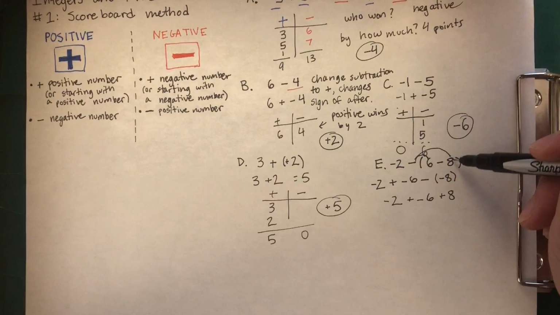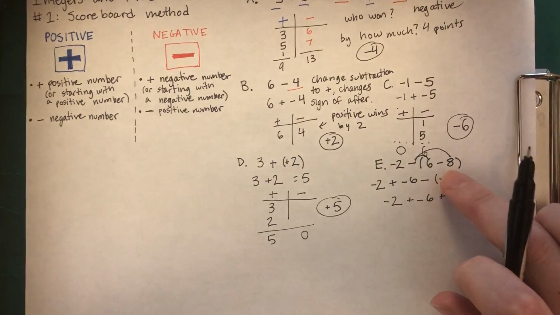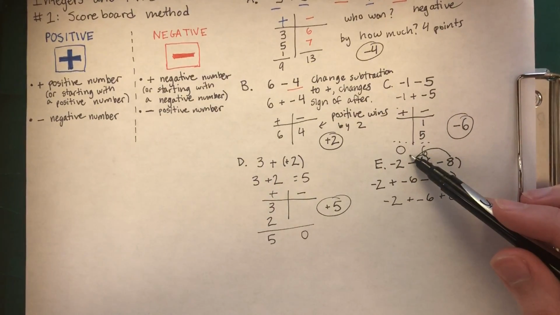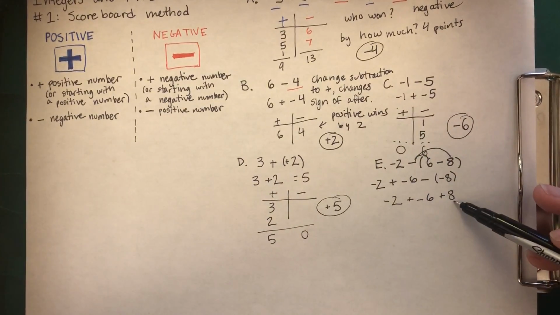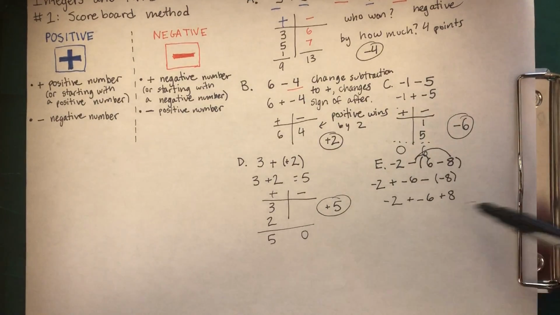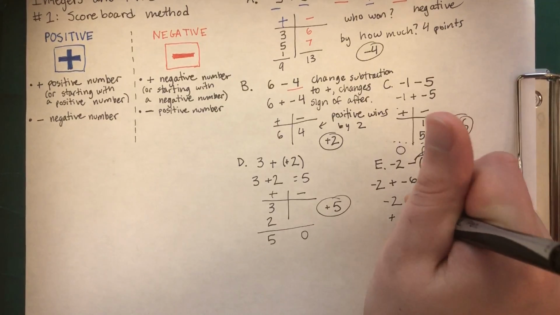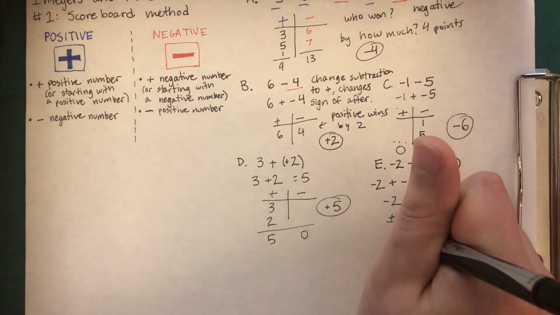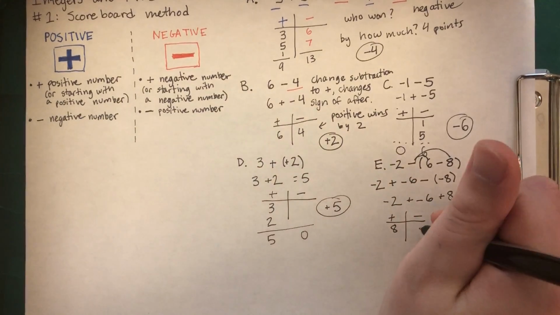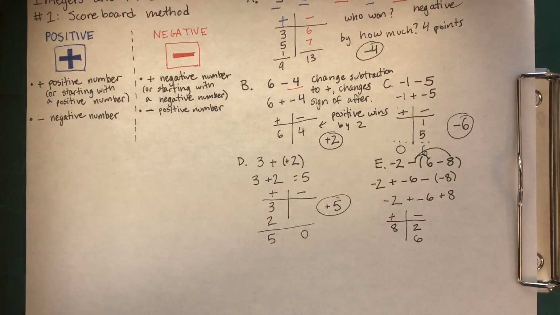This 8, if there was nothing else here, would belong to the negative team. And because of this minus sign on the outside, it ends up belonging to the positive team at the end. Okay. So let's add these up. For the positive team, we have 8 points. And for the negative team, we have 2 points and then 6 points.